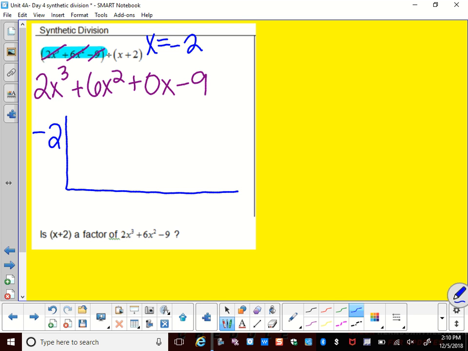Alright, what goes on the inside will be our coefficients. That means everything that is in front of my x. So only numbers can take the sign. So I need 2, 6, 0, and -9. I'm just taking the numbers.